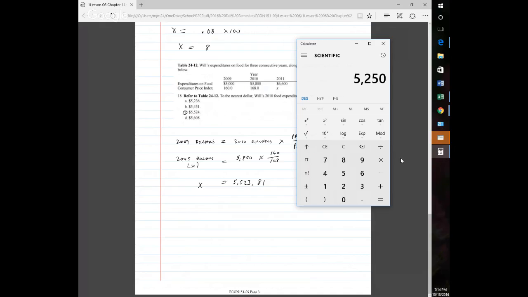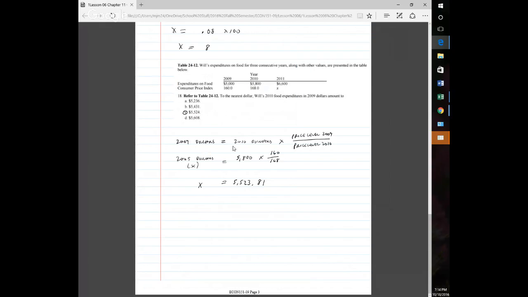So you're trying to convert the 2010 food expenditures to 2009 dollars, right? Right. So you're looking for 2009 dollars. That's why I put that on that side of the equation for X. Okay. And then using the 2010 figure, which we have, over the price index of 2009 and 2010.